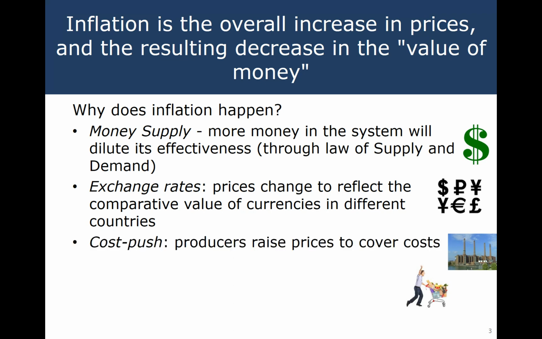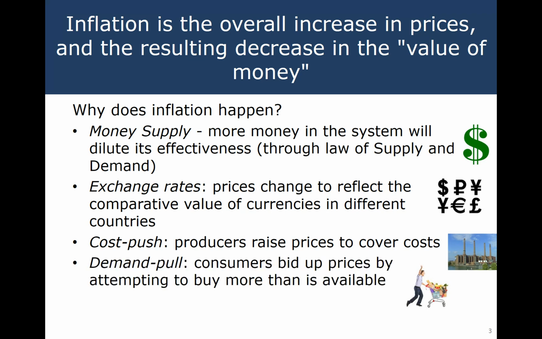The other one is that producers raise prices to cover their costs. This we call cost push. And the last one is demand pull, when consumers bid up prices by attempting to buy more than is available.